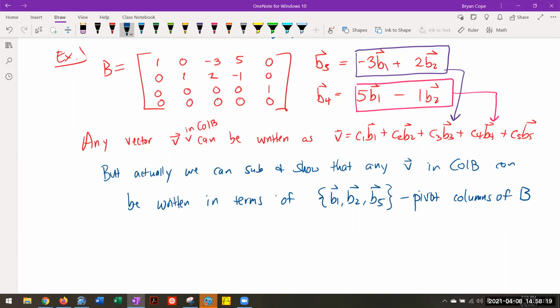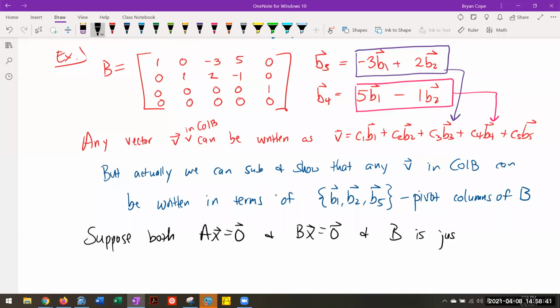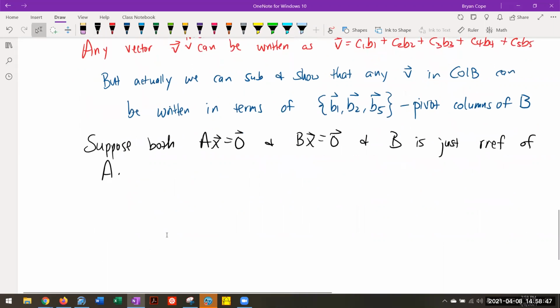Okay, so here's why that's true. Suppose both AX equals 0 and BX equals 0, and B is just the REF of A. Well, the same relationship that exists among the columns of B, the REF form, also exists among the columns of A, right?